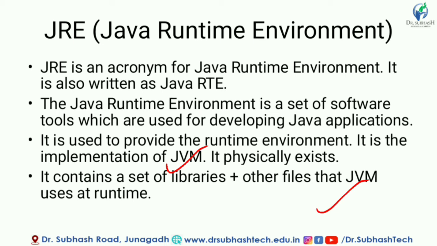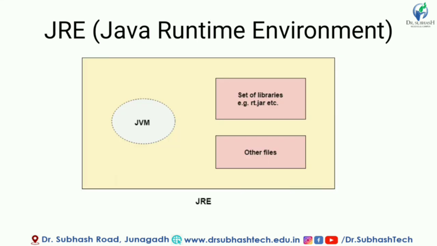So this will be included in the JVM architecture. If we see the architecture of JRE, you can see JRE includes the JVM, right? And it consists of the set of libraries, right, which will be helpful for our Java programs, which are inbuilt classes available in the Java program, right? That is available in this JRE, and which will be used for our programs, right?